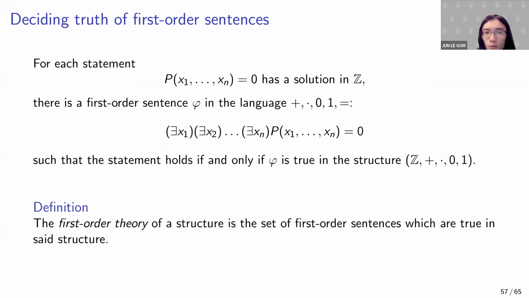And so more generally, we can define the following. If you have a structure, for example Z with all these operations, we can define its first order theory to be the set of first order sentences which are true in the structure.